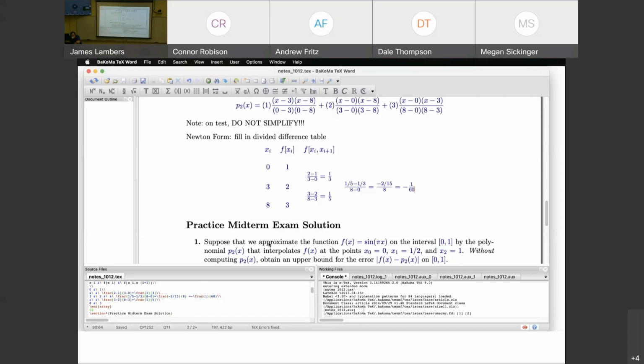Okay, so now you need to write the polynomial in Newton form. So for instance, if you go along the top row of coefficients, we have 1, 1/3, and minus 1/60.